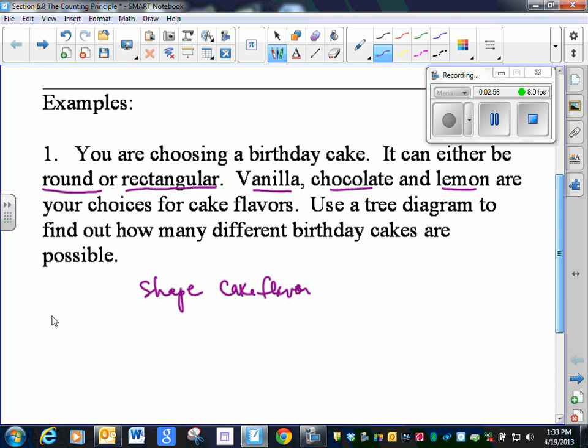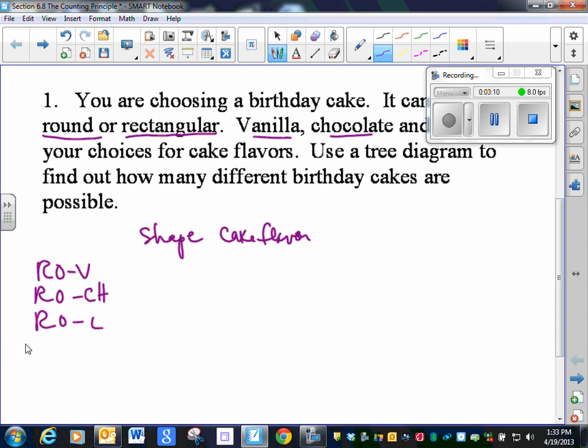So we could have a round vanilla cake, a round chocolate cake, a round lemon cake. Or we could have a rectangular vanilla, rectangular chocolate, rectangular lemon. This is my idea of a tree diagram. It's really just a list, but that's okay too. And it looks like we have 6 possibilities if I haven't left any out.